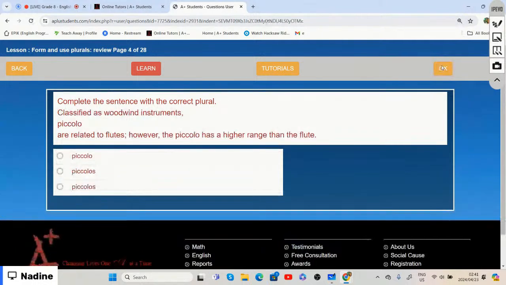Then we say classified as woodwind instruments, piccolos are related to flutes. However, the piccolo has a higher range than the flute. Is it piccoli, piccolo, piccolos?